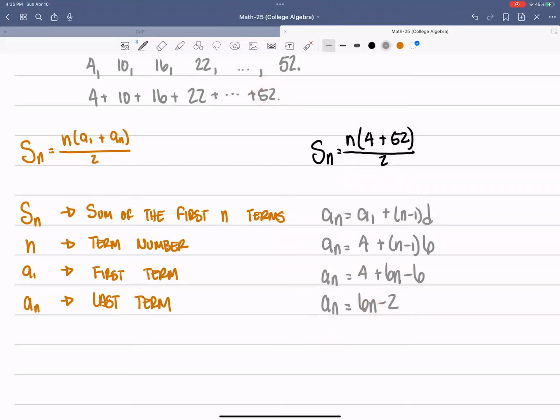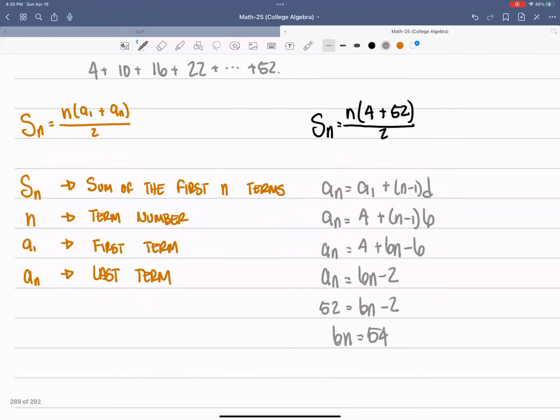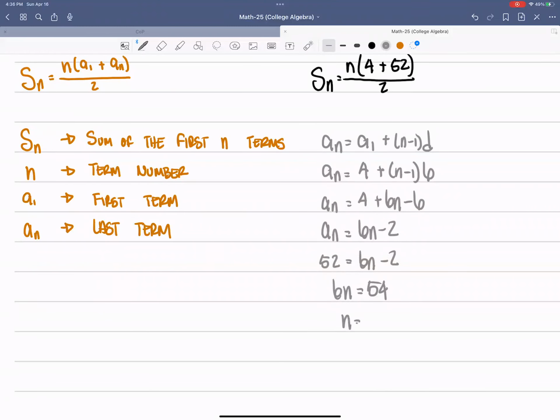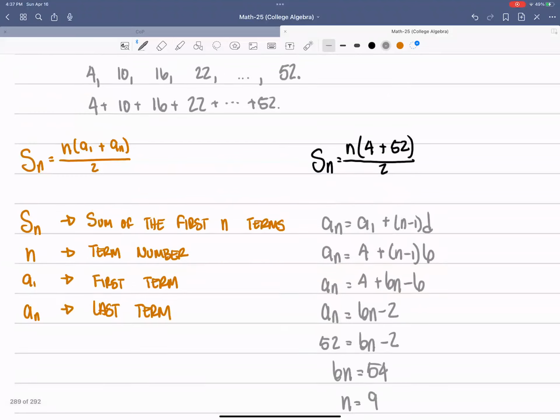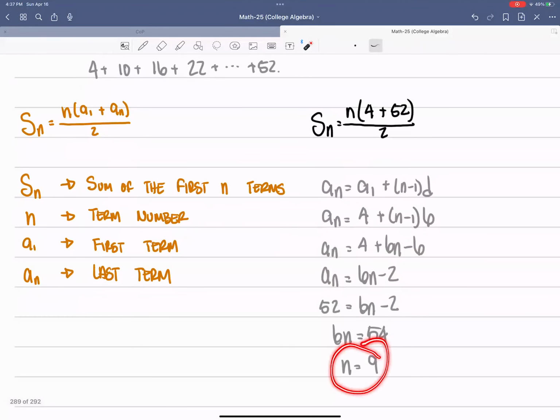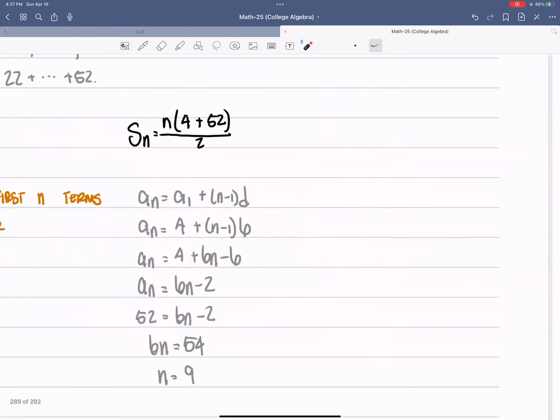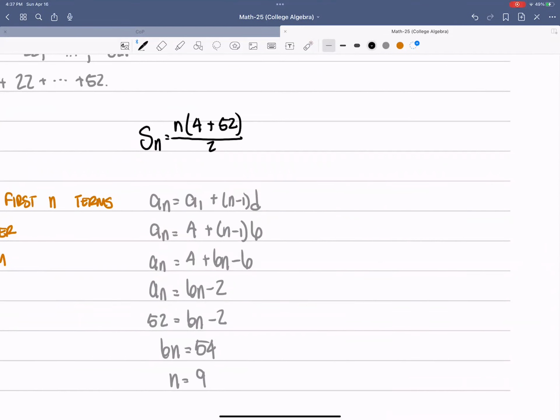So 52 is equal to 6n minus 2, 6n is equal to 54, and n is equal to 9, since 54 divided by 6 gives us 9. So now we have n. n is equal to 9, and we can replace it over here to find the arithmetic sum.